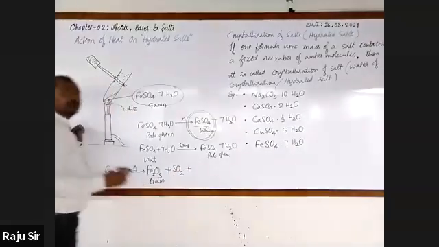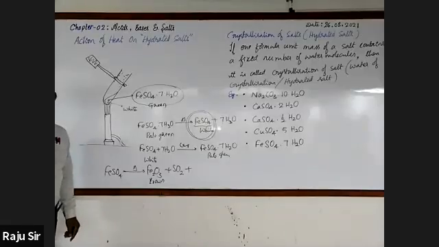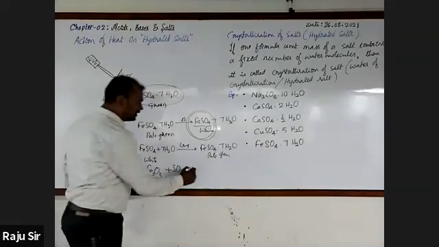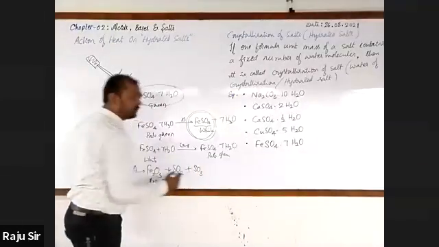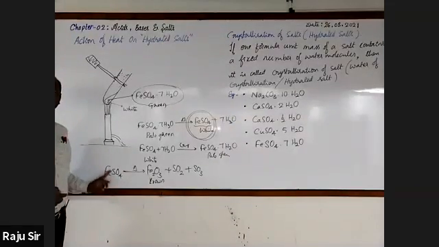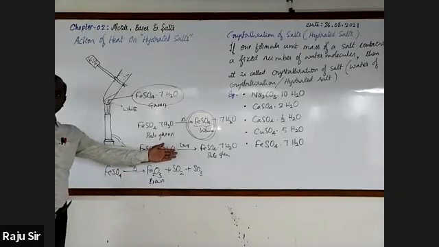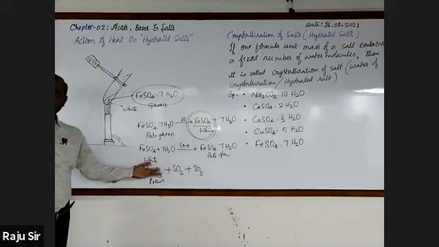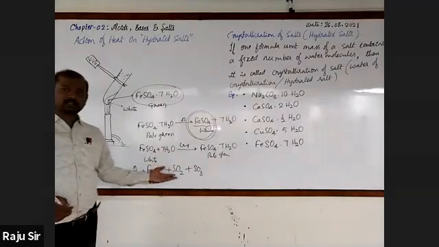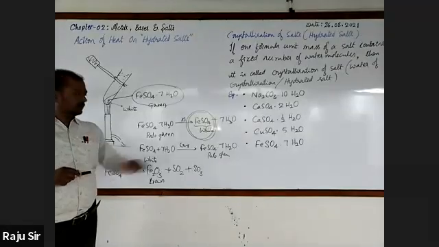Then, after that, you will experience the smell of rotten eggs. That indicates sulfur trioxide is also released. When anhydrous FeSO4 is heated continuously, it undergoes a decomposition reaction to produce iron oxide, sulfur dioxide, and sulfur trioxide.